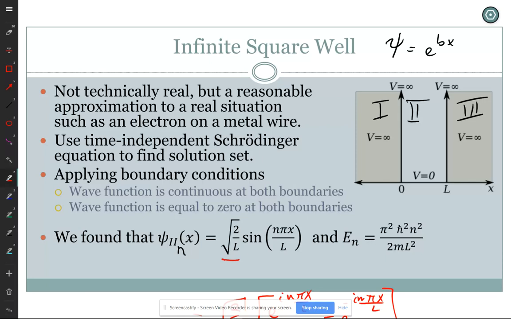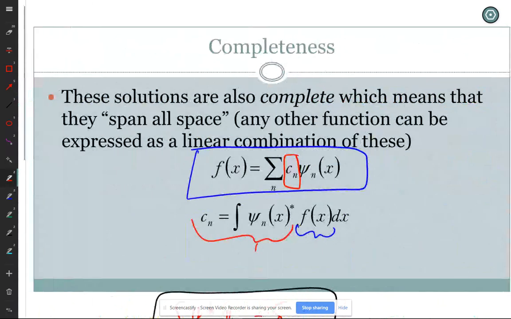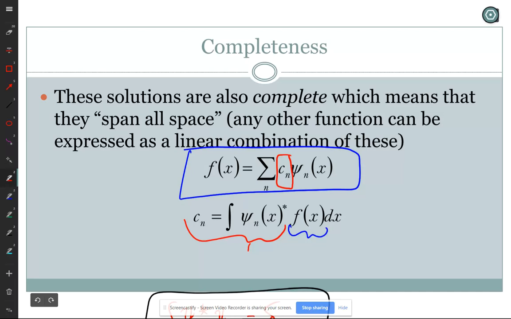That's how we prepare our system. And then we're going to say, okay, so that's what psi is. So psi is serving the function of f of x in the formula we just did. Okay. And so what is psi in terms of our individual solutions? What's the coefficient in front of psi sub 1? What's the coefficient in front of psi sub 2? And that's where we use this set of formulae here.